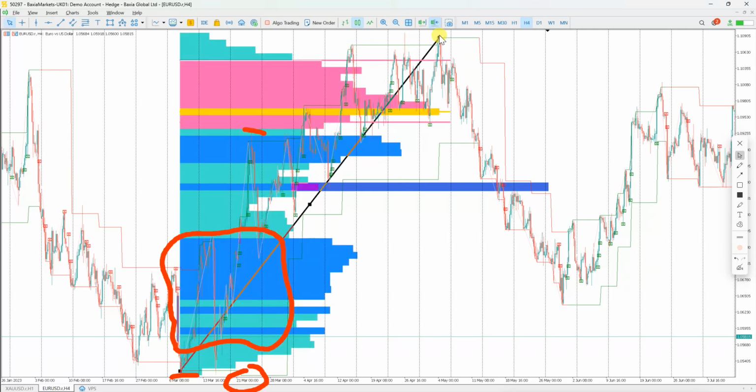Okay, so the price went back to test the value area, and notice it touches the low volume area, and then it went back above it. It broke above the swing high, the key level resistance.